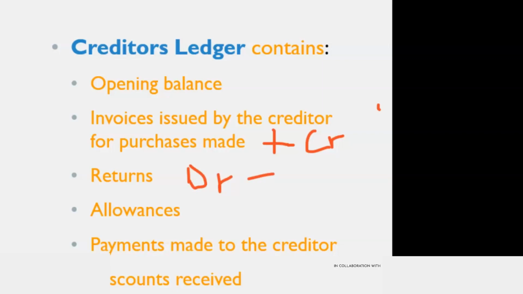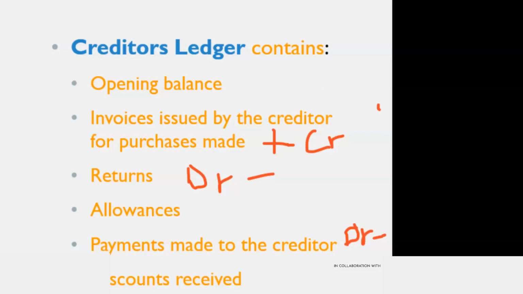Same thing with allowances. Returns and allowances we sometimes use interchangeably, right? And then here we have payments made to the creditors. If we pay back what we owe, it's going to reduce what we owe, so it's going to be on the debit side of things, right?